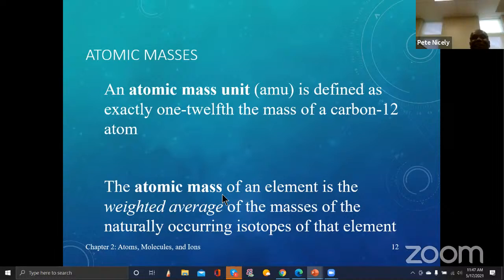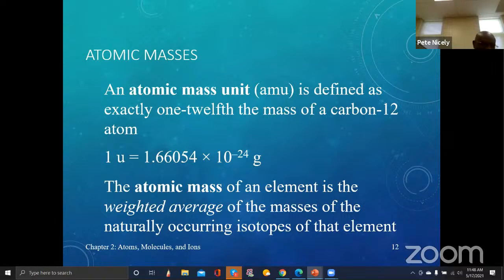Now, the atomic mass can be expressed conveniently in terms of what is called the atomic mass unit, which is defined as exactly 1/12 the mass of a carbon-12 atom. And there's a relationship between the atomic mass unit and the mass in grams, which is given right here. All right.